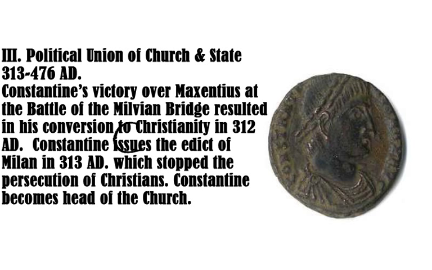Constantine issues the Edict of Milan in 313 A.D., which stopped the persecution of the Christians. Constantine the Great becomes the head of the church. And here is a coin with a picture of him on it.